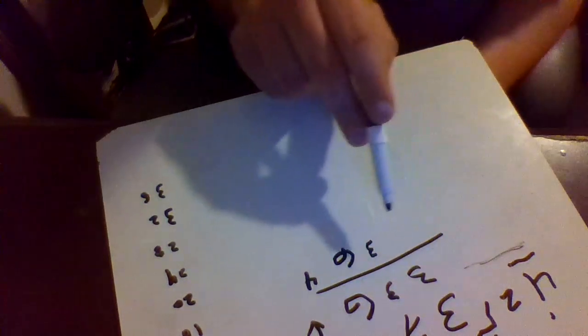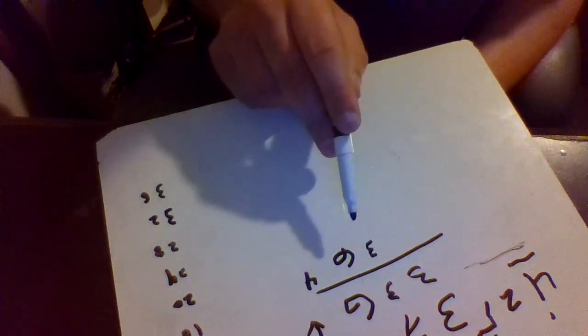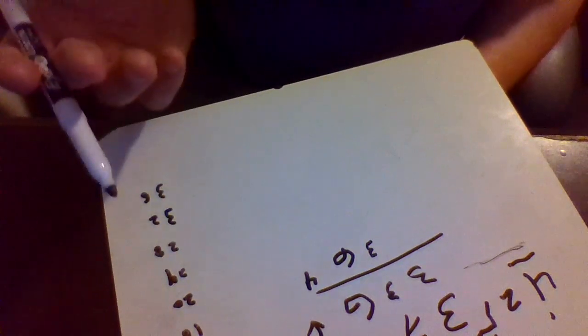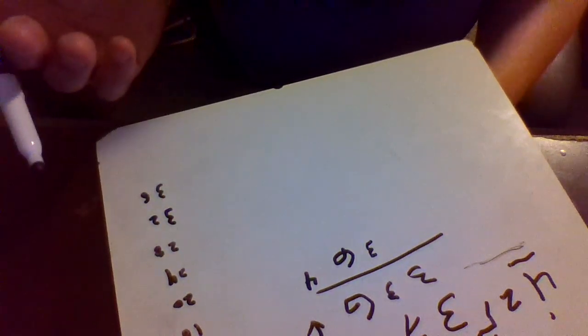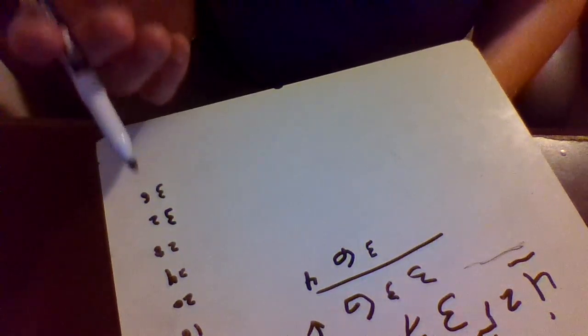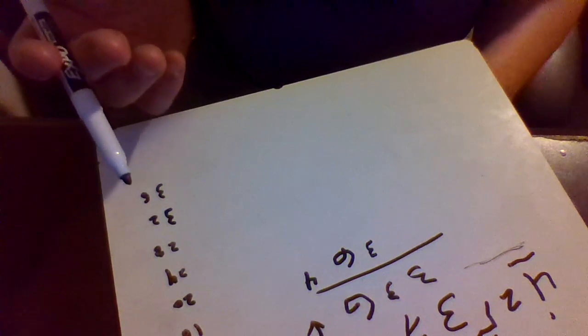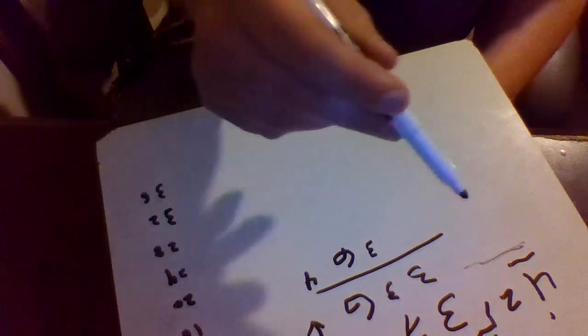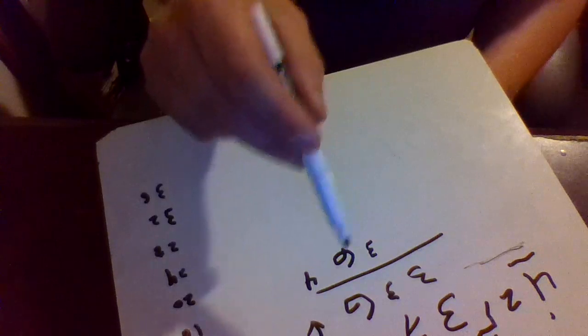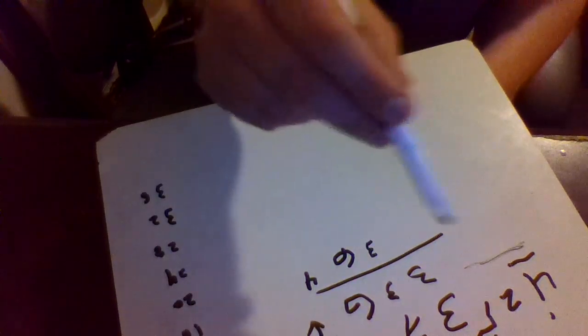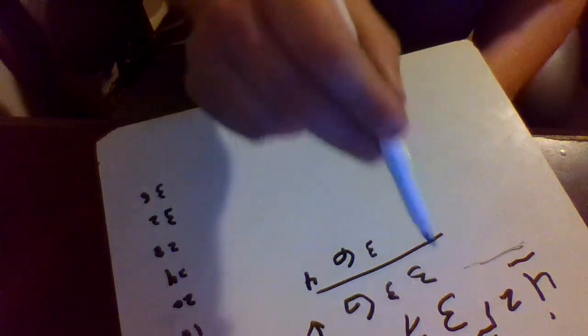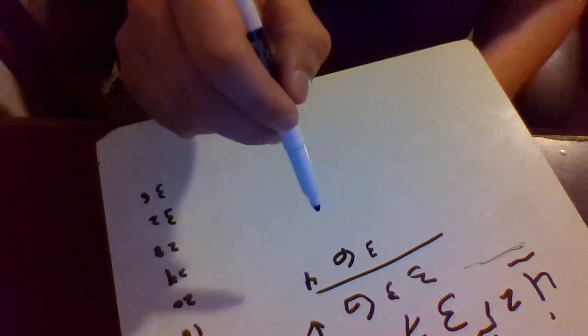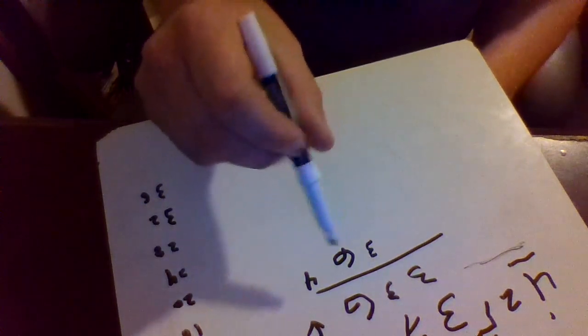So 4 goes into 36 9 times. Now, here's just a little secret of mine, just to make things a little bit faster and easier on you. So 4 goes into 36 9 times. But if you do 9 times this 2, it's automatically going to be bigger here.